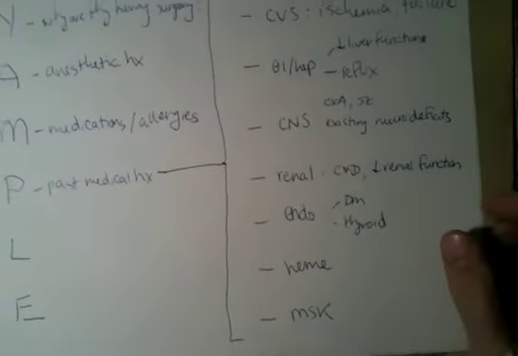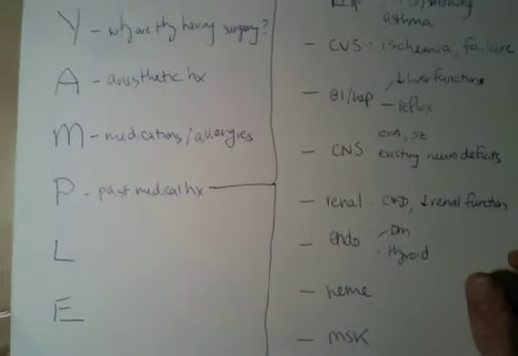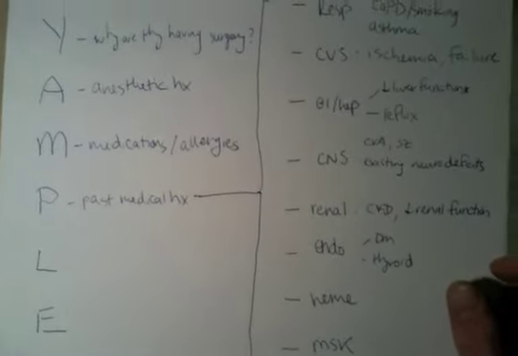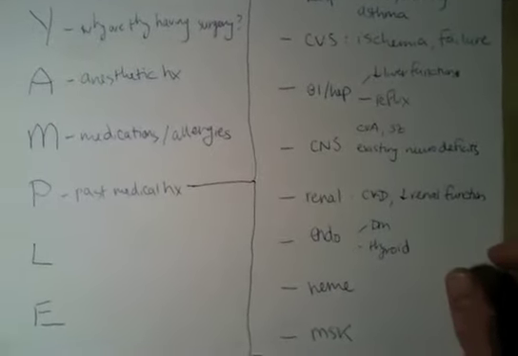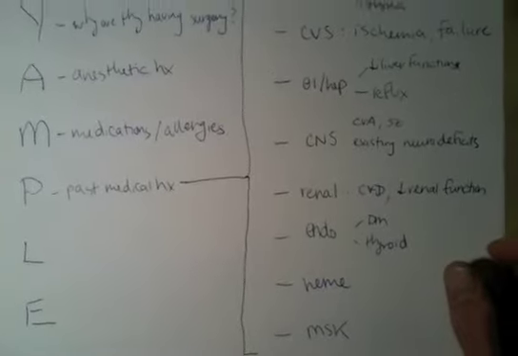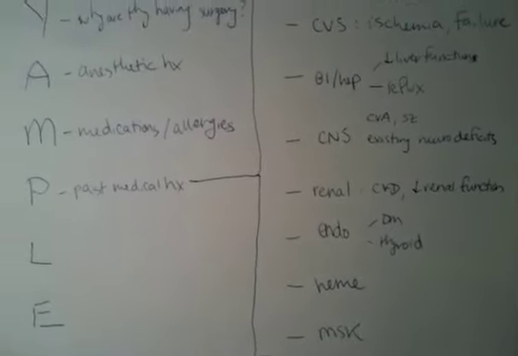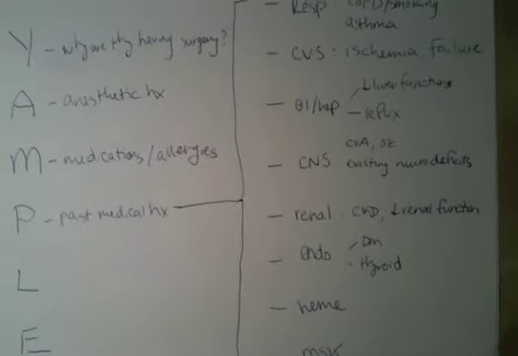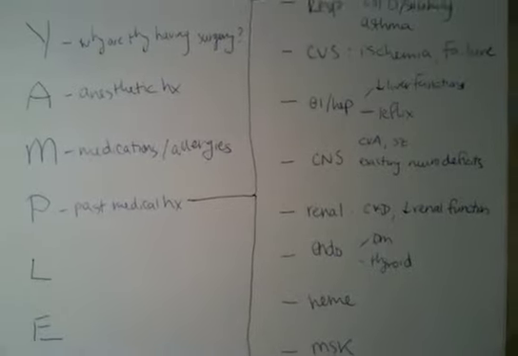Diabetes is a big thing because surgery is a stressful situation, so that can cause a dramatic increase in blood sugar and could potentially tip someone over into a diabetic ketoacidosis if their blood sugar is not controlled. And on the other side of things, people are fasting around the time of surgery, so they can potentially go the other way.